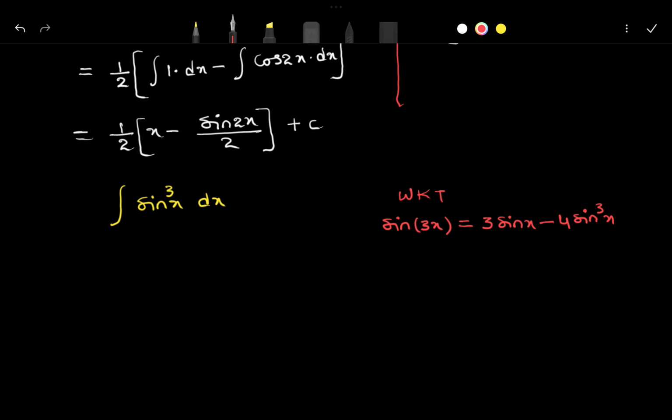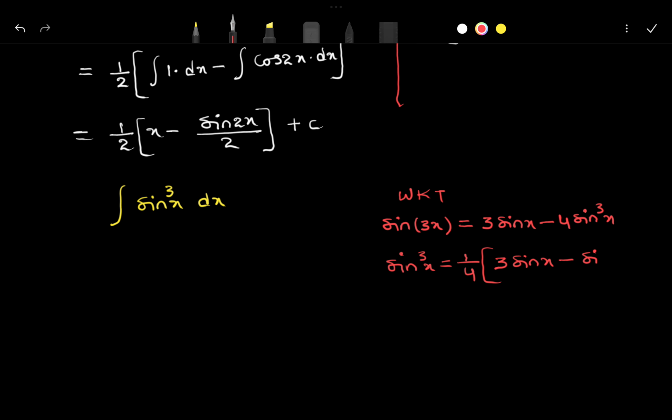Now from this, minus 4 sin cube x you move to this side, and dividing by 4 you can write sin cube x is equal to 1 by 4 into 3 sin x minus sin 3x.